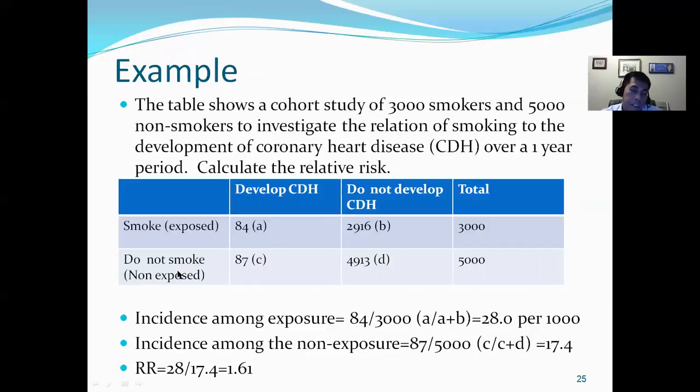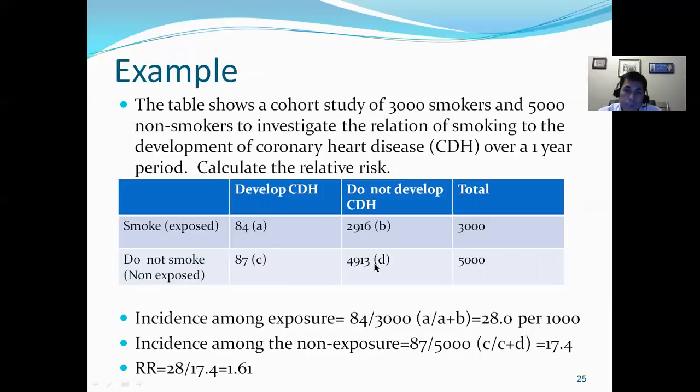Because remember, relative risk is just exposed, non-exposed. The ratio of exposed and the ratio of the non-exposed. So what about the lower part? Those who are non-exposed. Well, the ones who are non-exposed are 87 right here.